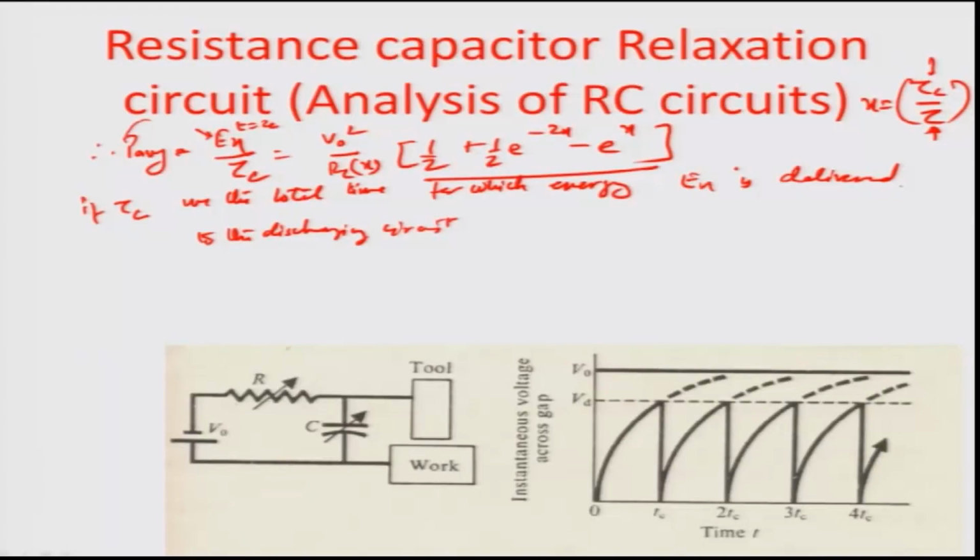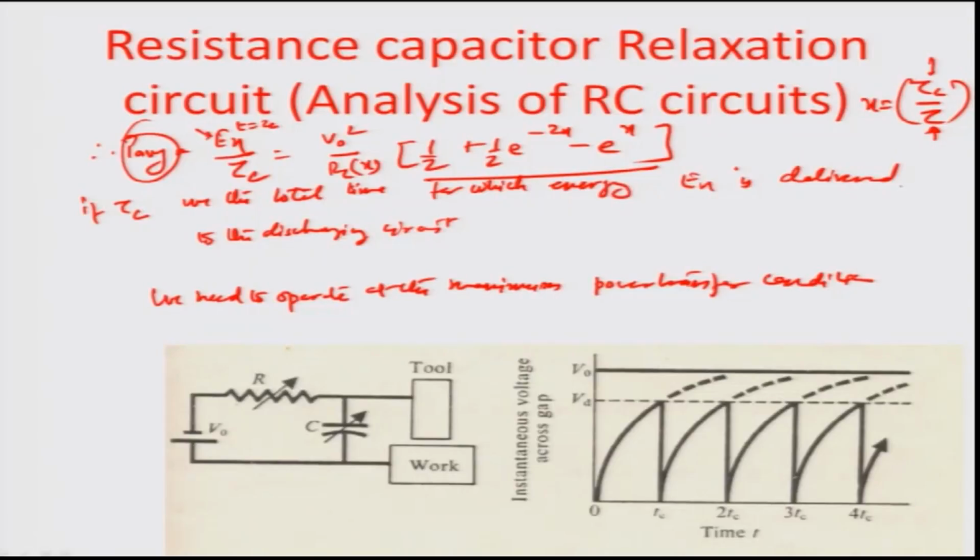So, that is how we can have an average power, and further we need to operate at the maximum power transfer condition, which says that del P average with respect to del x, which is the new variable here, the time ratio, equal to 0. So, we are going to find this out in the next module.